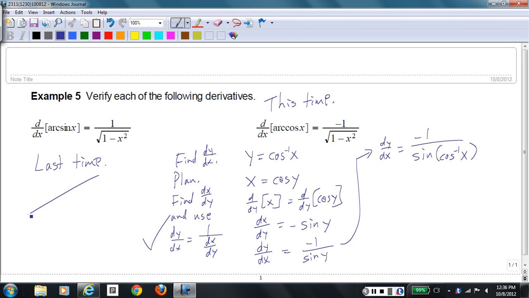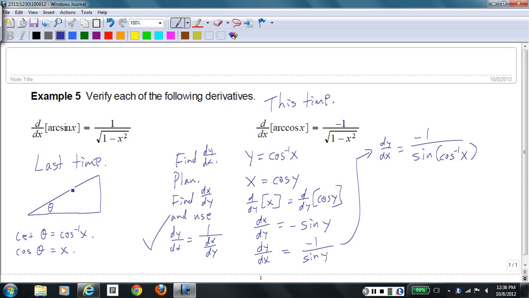So here's theta. If we let theta equal the inverse cosine of x, we want to be able to take the sine of that. Think of it as an angle, and think of it as taking the sine. So cosine of theta equals x.